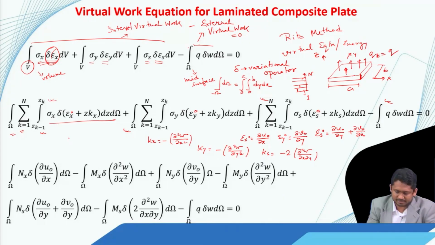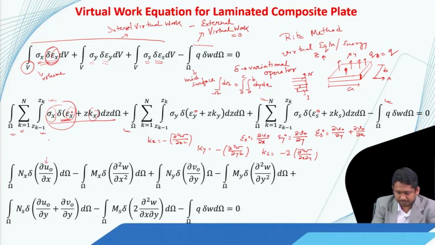And then we replace epsilon x 0 and kappa x by their corresponding definitions in terms of the displacement components. If we notice one thing, delta epsilon x 0 is not a function of z, but sigma x varies across the thickness.